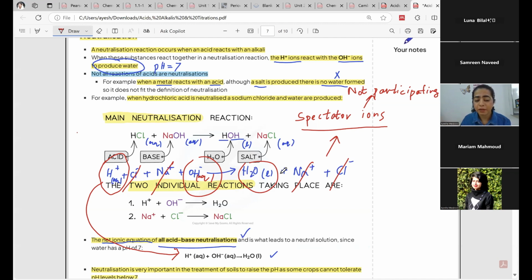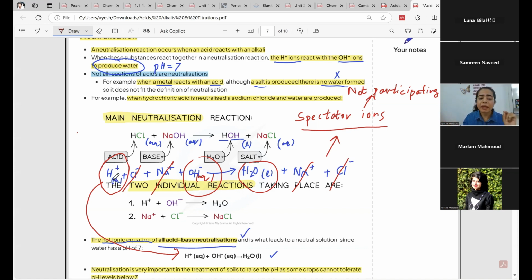Miss, but how are they not participating? See, they were present in the reactant side and they are present exactly the same in the product side. It means they are not changing into anything new. Whatever they were in the reactant, the same they are in the product. They dissolve, they are making ions, but they are not making something different.